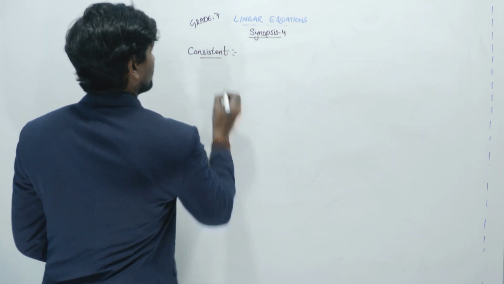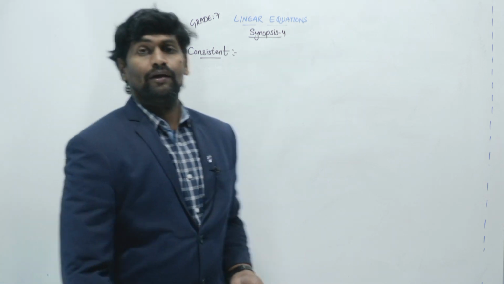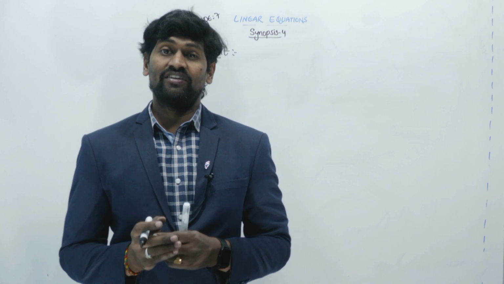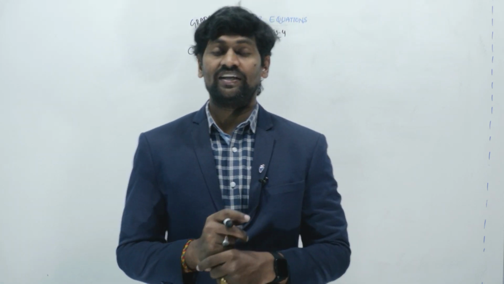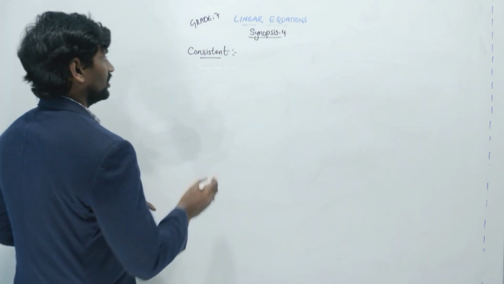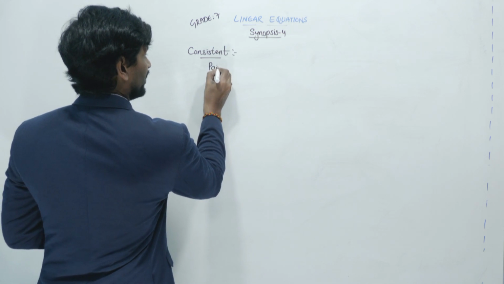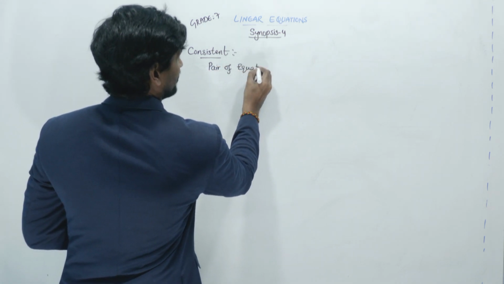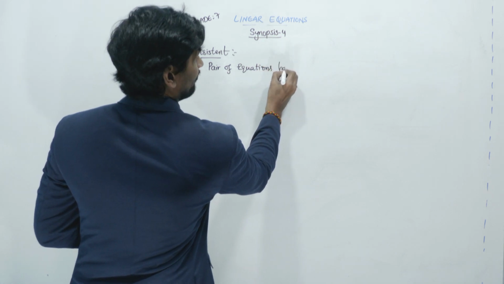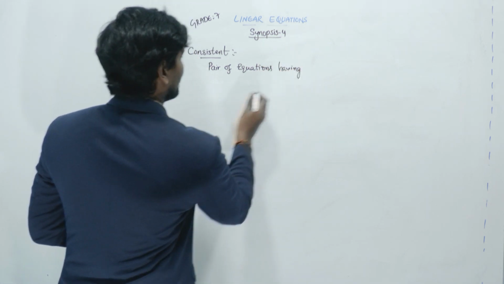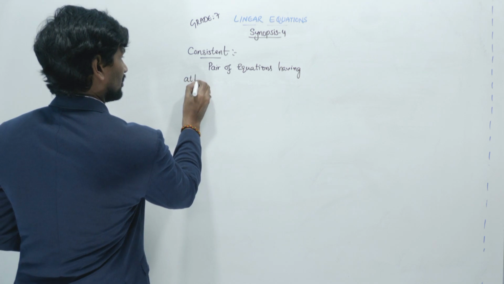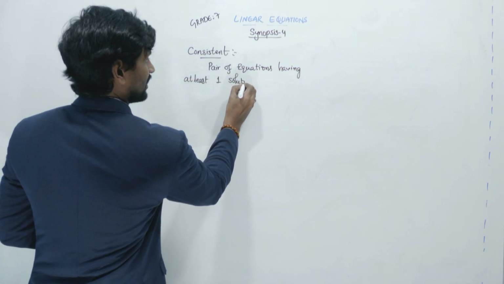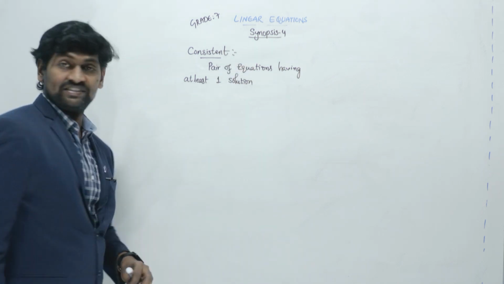Consistent is simply a pair of equations having at least one solution. A pair of linear equations having at least one solution is called consistent.